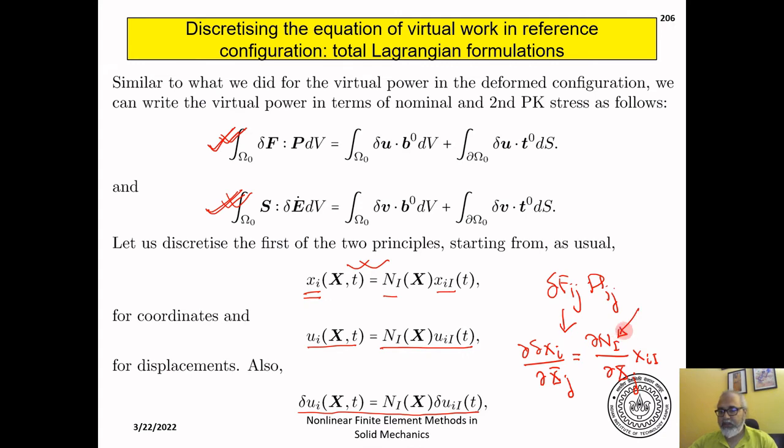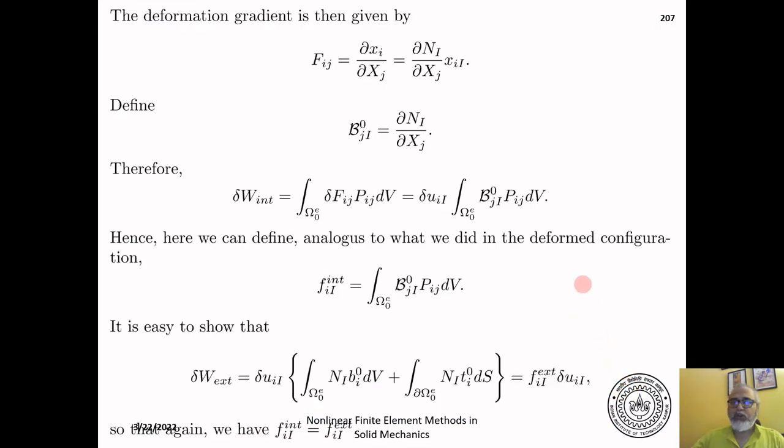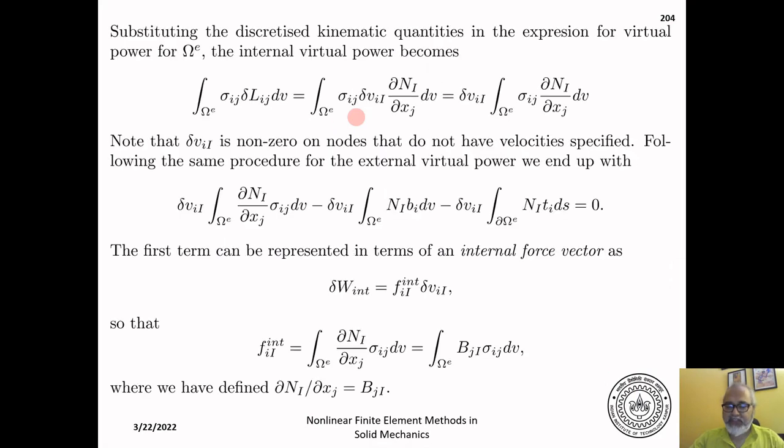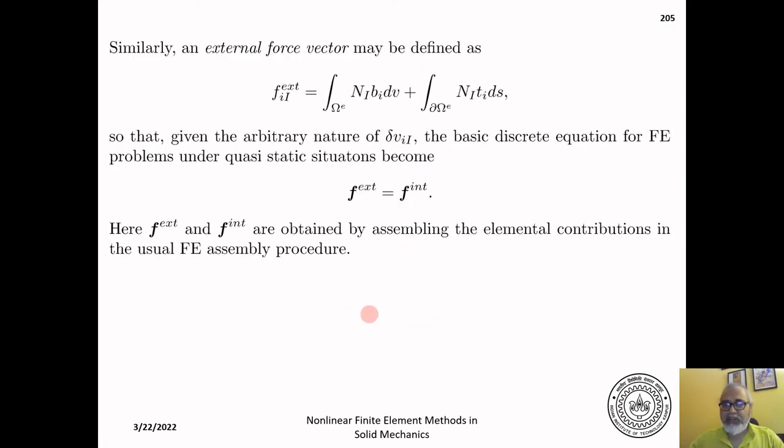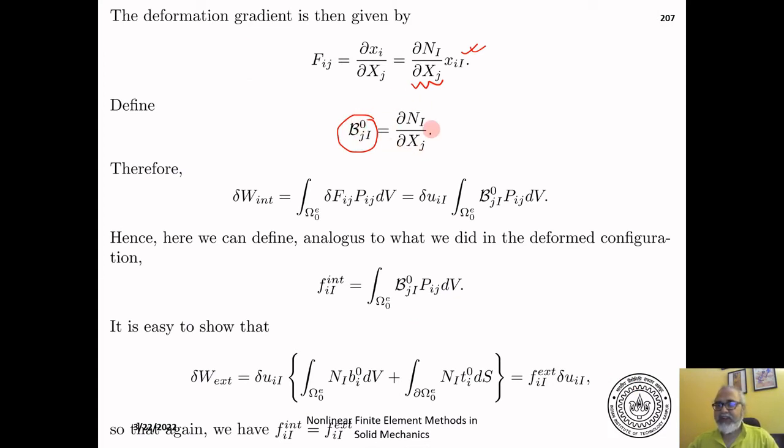So these now are derivatives of the shape function with respect to the reference configuration. These are material derivatives of the shape functions, and you have to be careful about that. This can, of course, also be written in terms of ui, but this is what we will stick to, and this we will now define as a new vector BjI0, just like we had defined this BjI. Now we will add the 0 to indicate that the derivatives are with respect to capital X and not small x. If you plug this in now, then again delta uIi comes out.